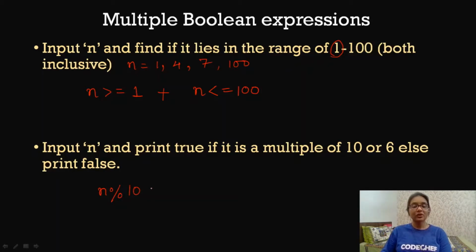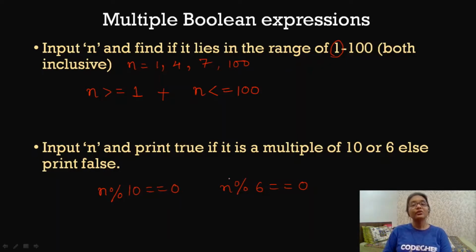If n modulus 10 is equal to 0, then it is divisible by 10. For checking divisibility by 6, we check n modulus 6 equal to 0. Now it is given that if it is a multiple of 10 or 6, then in both cases our answer should be true. So definitely we will have to combine both these Boolean expressions in order to solve our question.